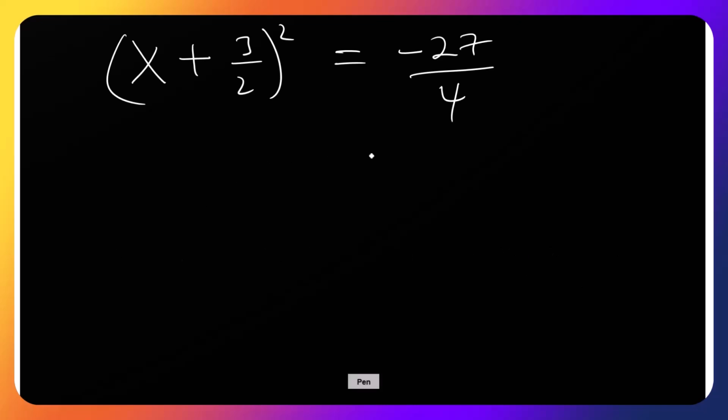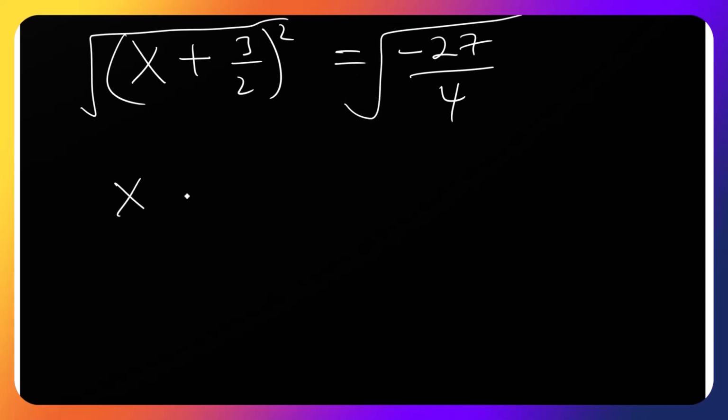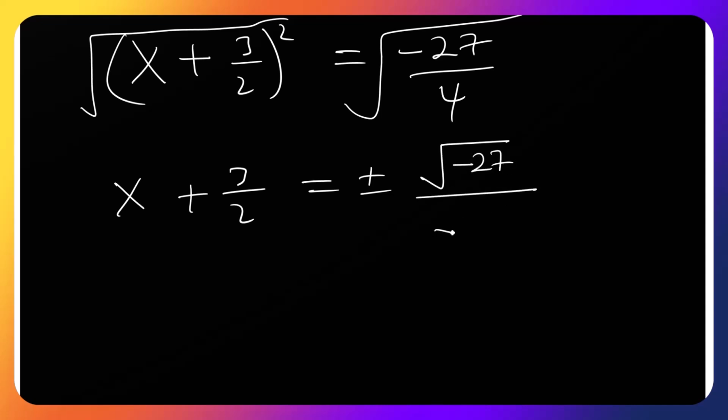Okay, so let's go ahead as we take the square root on both sides. So we have x plus 3 on 2 equals plus or minus the square root of minus 27 on the square root of 4.